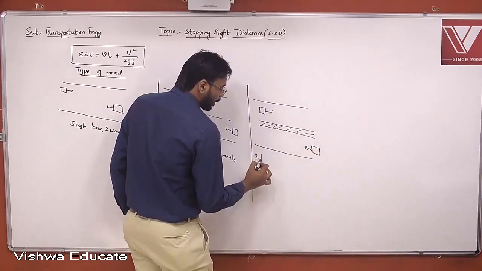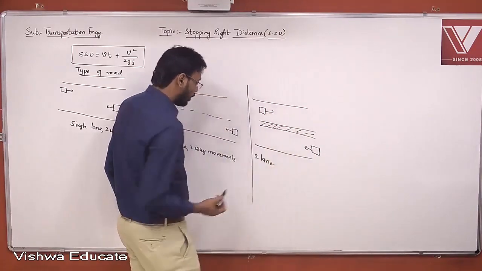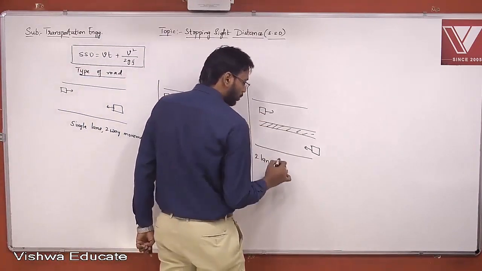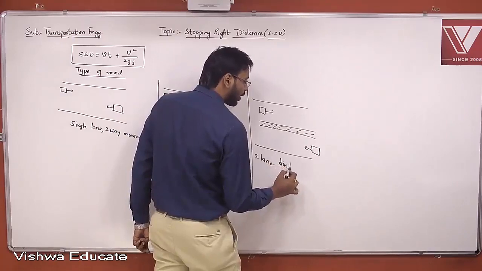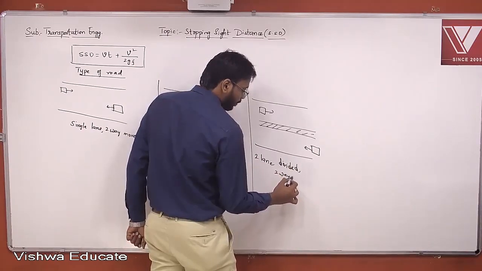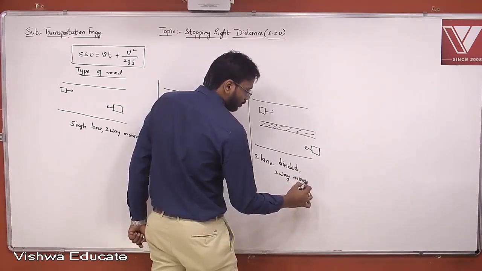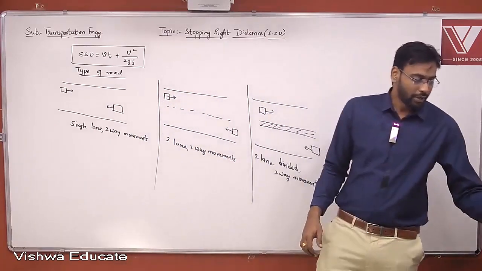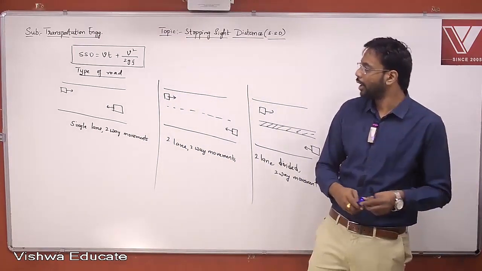So I write it as two lane. Here also it is two lane, but it is divided now. So I write it as two lane divided, two-way movement. Right?